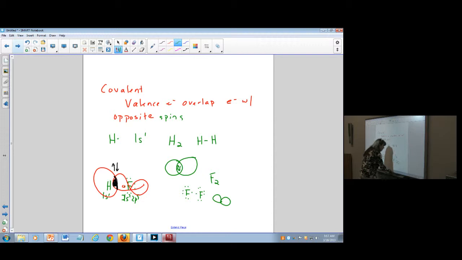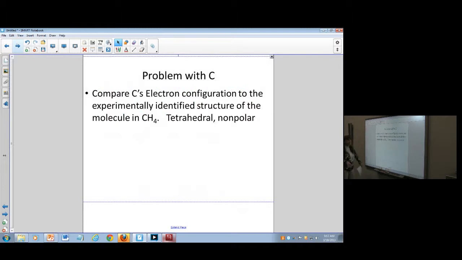There's one fluorine p orbital, and here's the other fluorine's p orbital right in here. They can overlap into those atomic orbitals in the p's and form that bond.